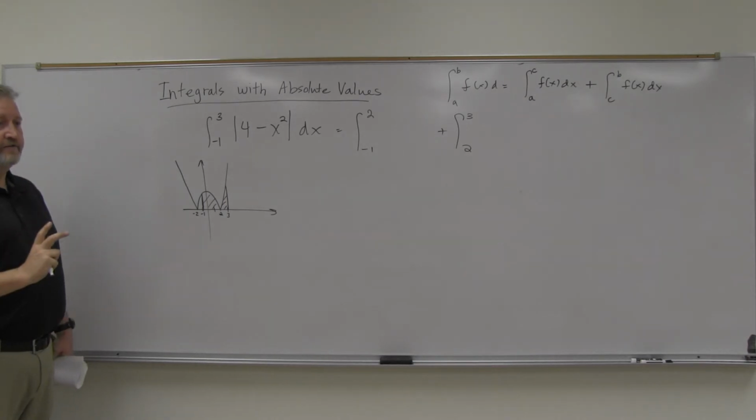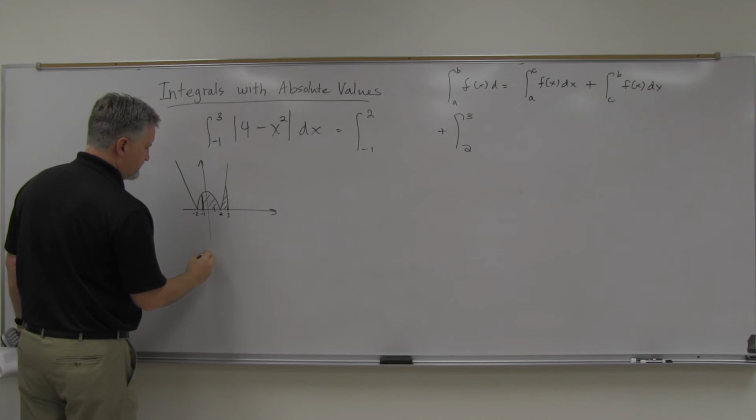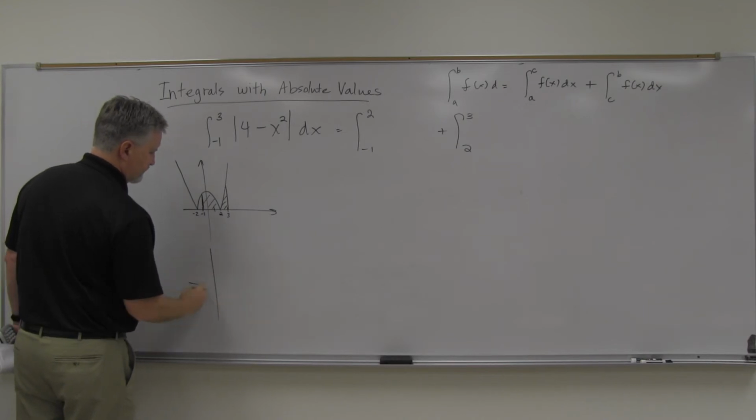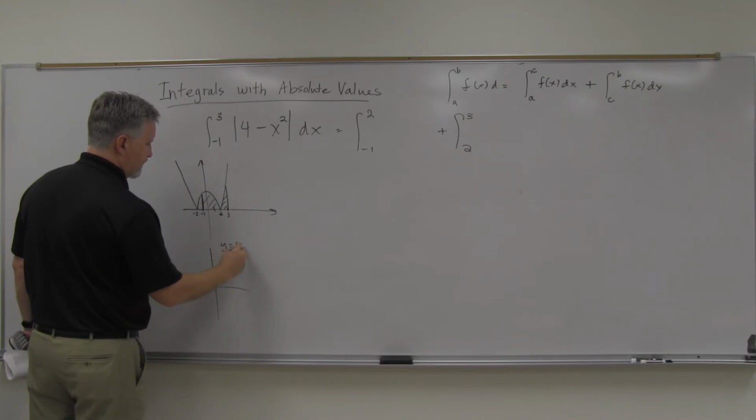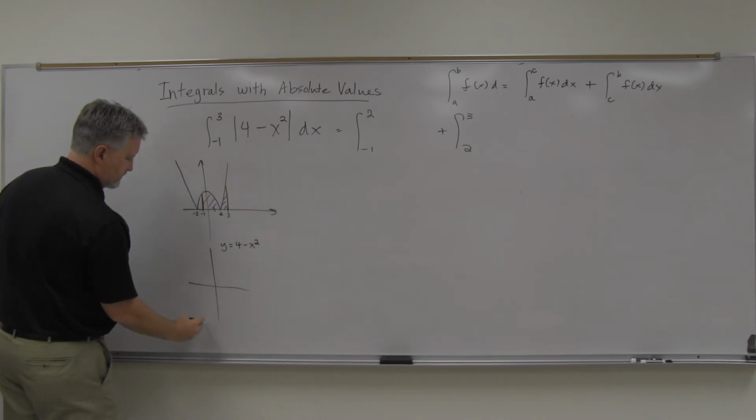The way you can tell, or one way I say you can tell, if I just look at y equals 4 minus x squared, without the absolute values, you got this.